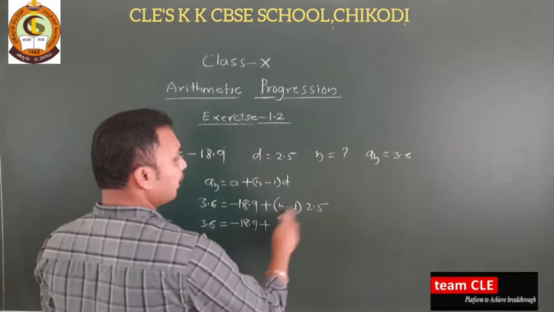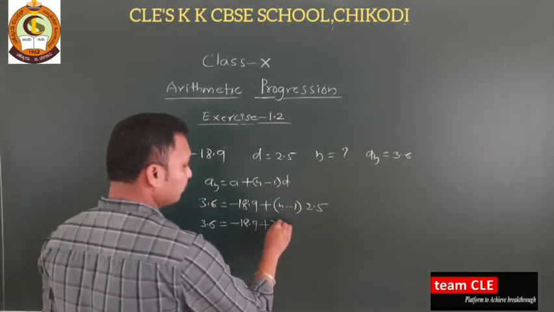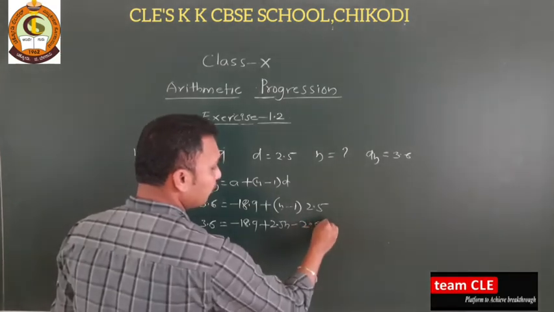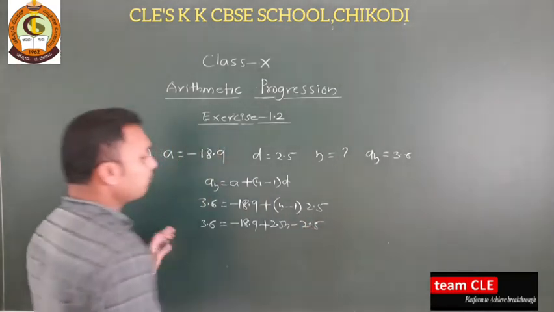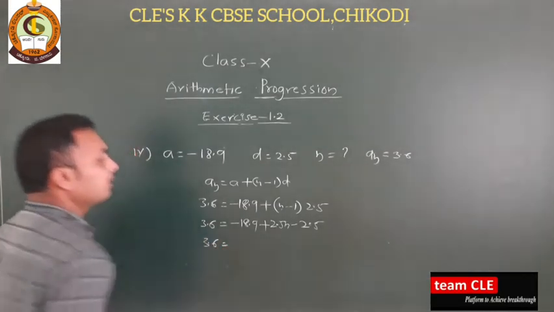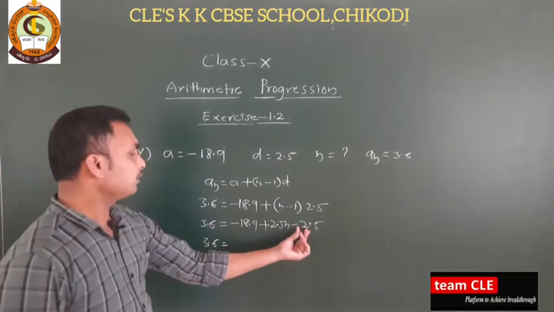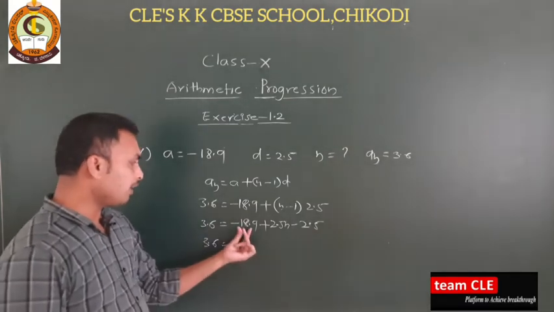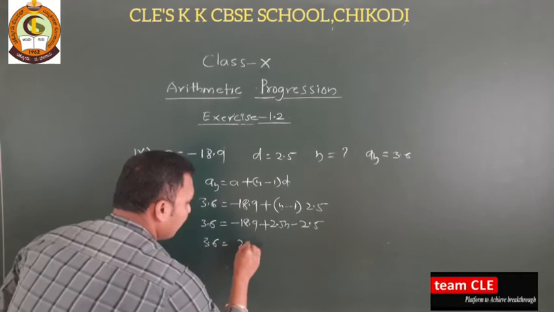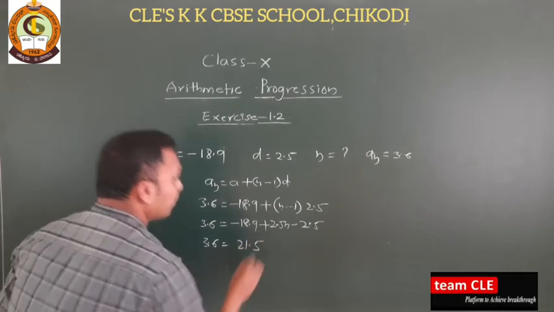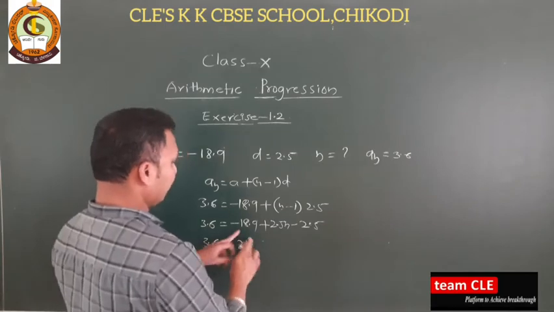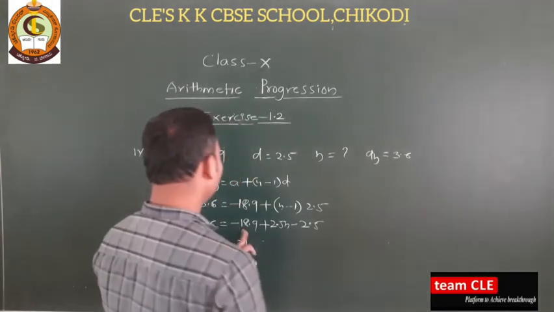Now this is n into 2.5, it is 2.5 n minus of 2.5. Now this 3.6 again keep as it is here. Next, here it's minus 2.5 and it's minus 18.9.